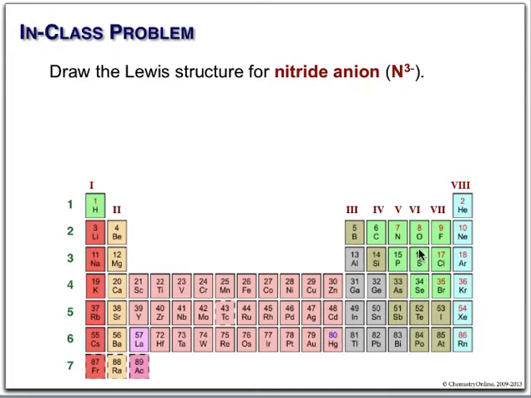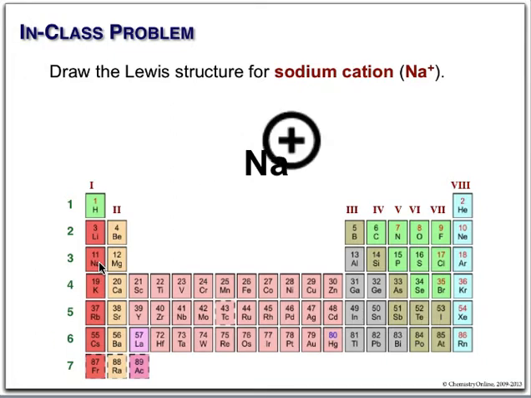Well, nitrogen is here in group 5. To make the trianion, we simply add 3 electrons. And finally, sodium. Sodium is here in group 1. That means we have 1 valence electron. To make the sodium cation, we simply have to lose that electron, and we're left with a positive charge.